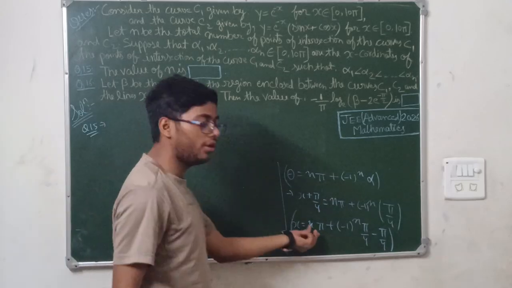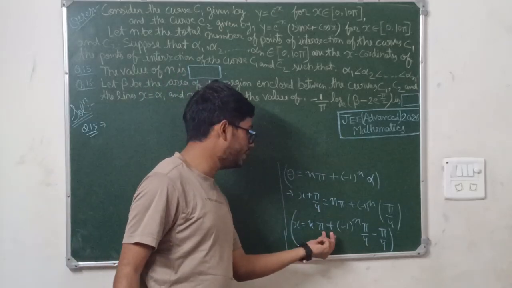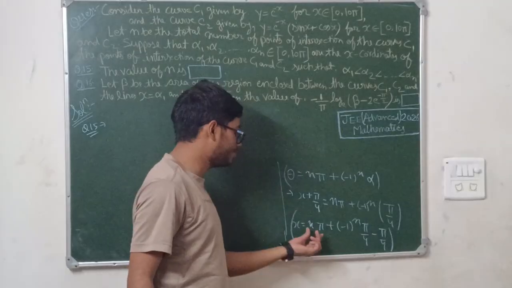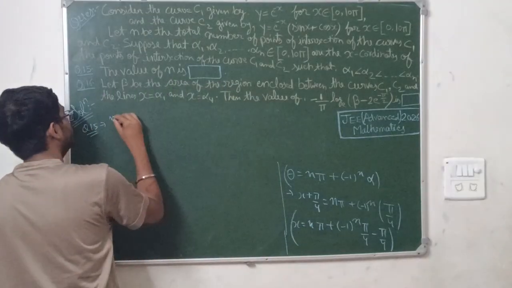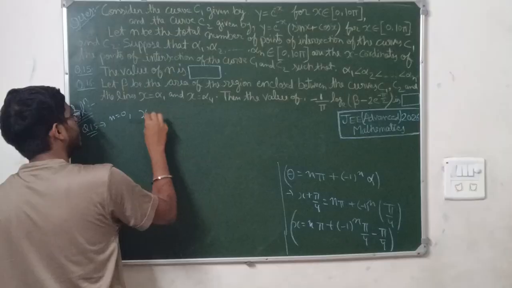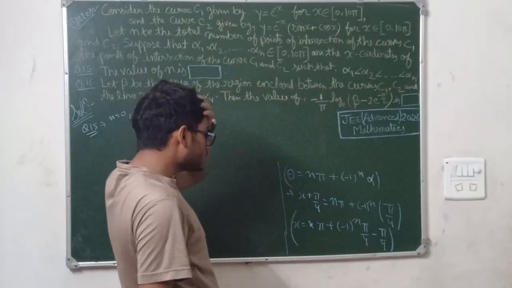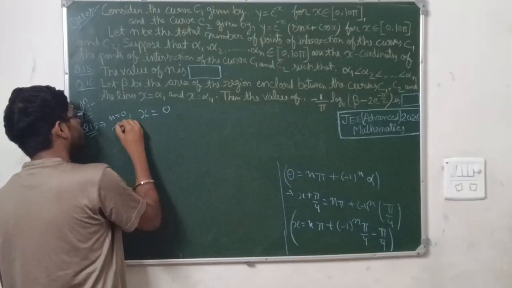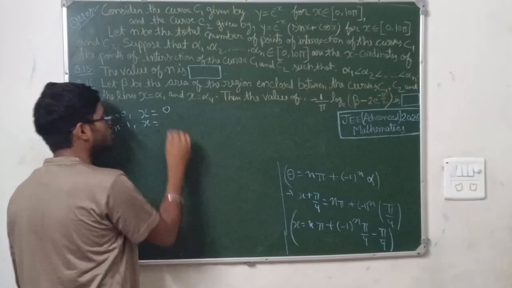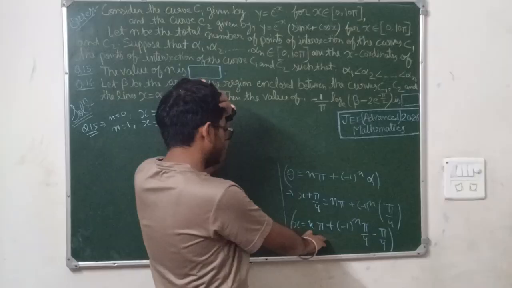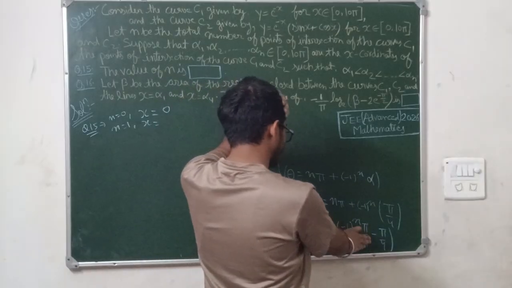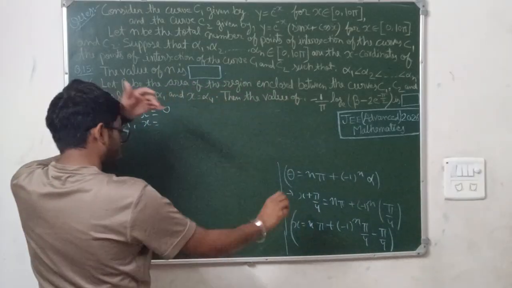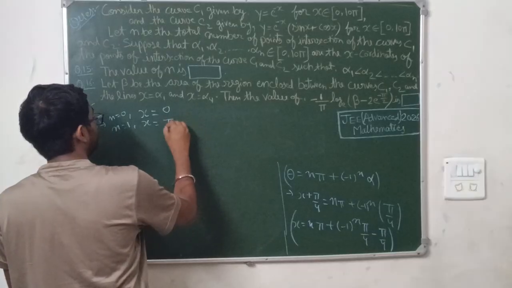Okay, so first of all, you have to substitute n value as 0. For n is equal to 0, you get x is equal to 0. Now n is equal to 1, you get x equal to pi minus pi by 2, which is nothing but pi by 2.